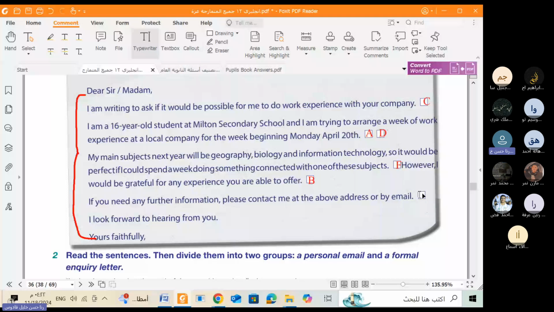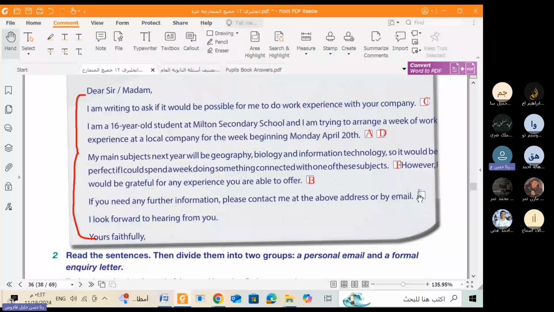The last paragraph, please. Yeah, Ahmad Fadel. If you need any further information, please contact me at the above address or by email. Introduce yourself? Are you introducing yourself? By the way, Ahmad, introducing yourself was in paragraph 2.